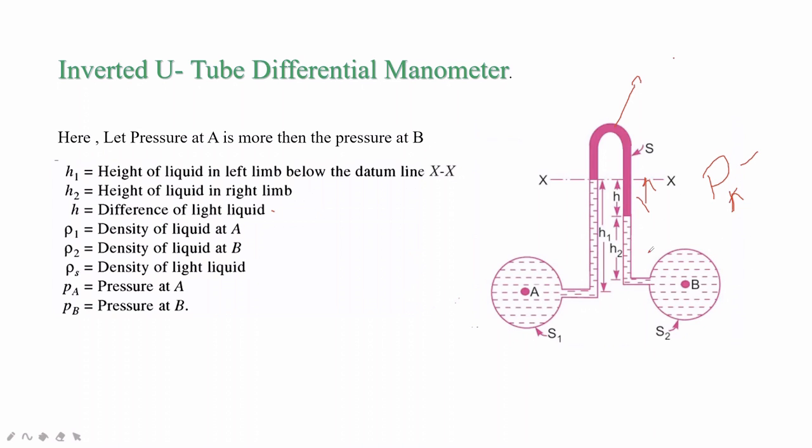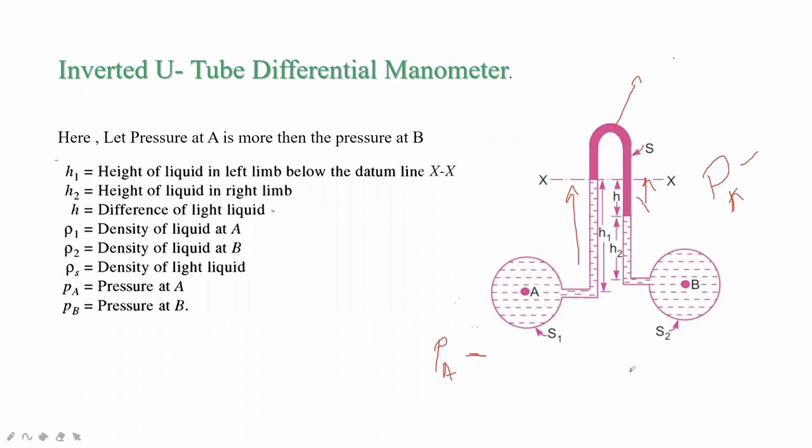If this were a U-tube differential manometer, that would be correct, but here it is inverted, right? So we are subtracting the value of this, because this has to move against the gravity. So in the left limb the pressure will be PA minus rho 1 G H1.